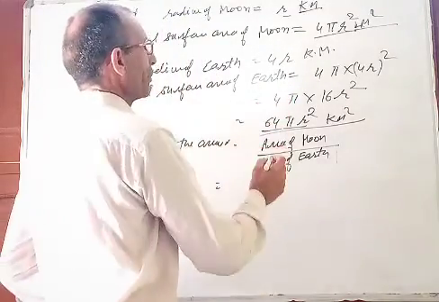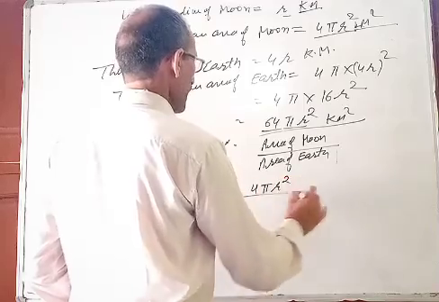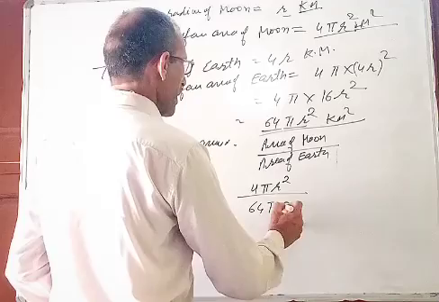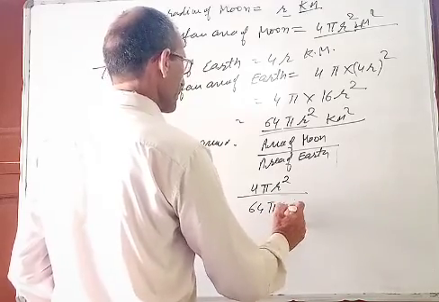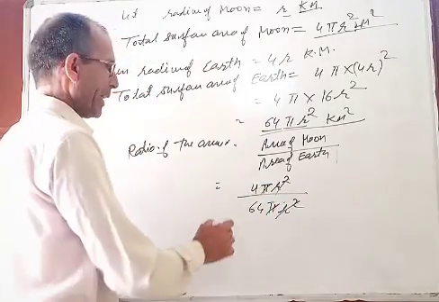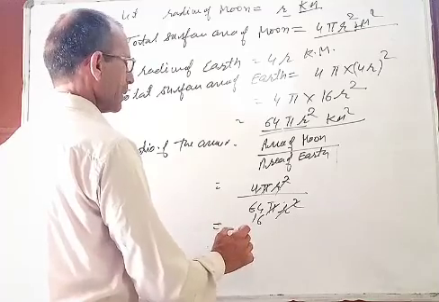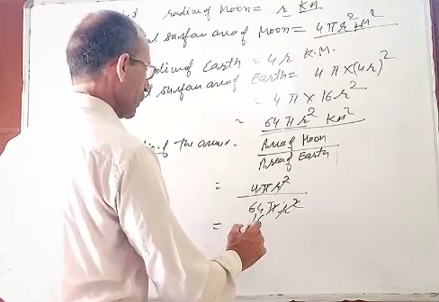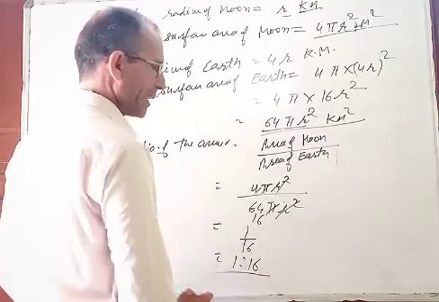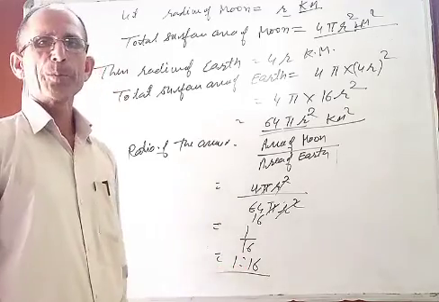Area of moon is 4 pi r square, area of earth is 64 pi r square. R square cancels with r square, pi cancels with pi, so 4 by 64, it means 1 by 16, which is 1:16. The ratio of the areas of moon to earth is 1:16.